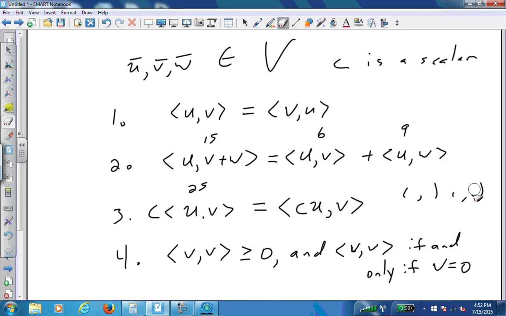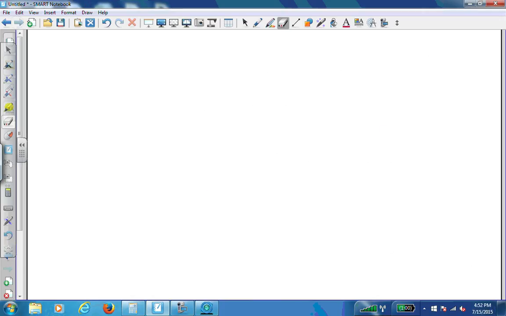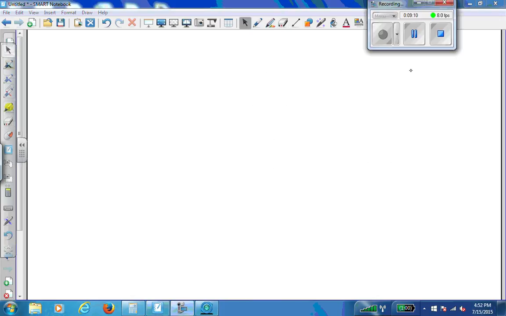For example, if I have 1, negative 3, and I dot it with itself, positive times positive is positive, negative times negative is positive, and we get a positive answer. So that's an inner product space. So yeah, the dot product is a prime example of an inner product space, but it's not the only one. So let's go on, let's look at some other inner product spaces.